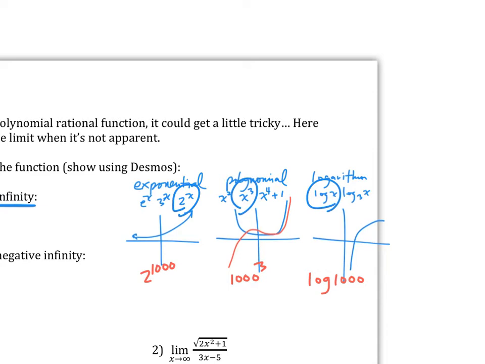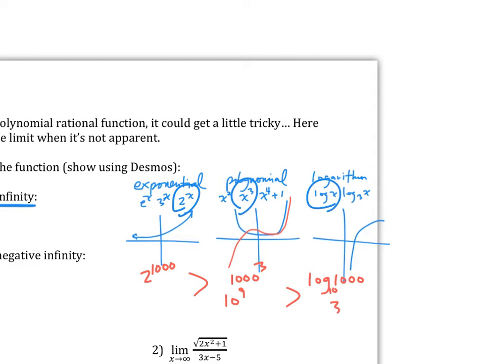It's a very large number. Let me try to figure that out. Okay, 2 to the 1000. Oof, the calculator says overflow. So it's a very, very large number that the calculator cannot even figure out. 1000 cubed is 10 to the 9th. Log 1000, this is a log base 10, so that tells me it's 3. So you can see that the first is going to be bigger than the second and then bigger than the third.